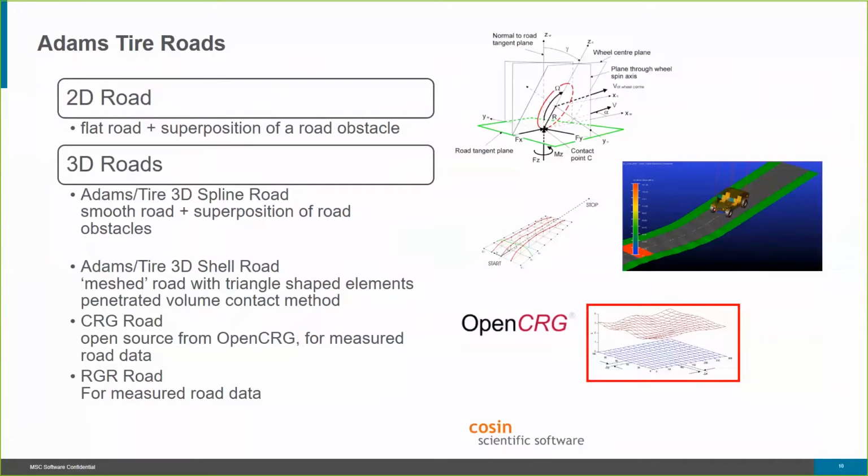So they use a laser to go over the road profile and get measurements of the road to represent the CRG. And then there's the RGR, which is a road that's also measured data, but it's a different format that COSIN, which develops and supports FTire, has as a road profile.